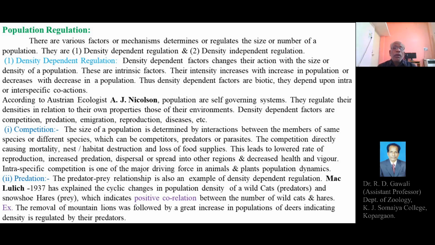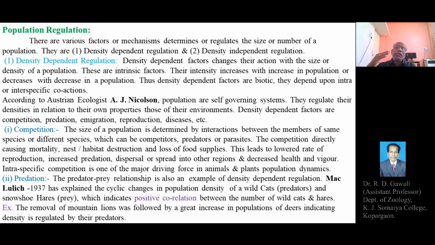McCulloch in 1937 explained the cyclic changes in the population density of wildcats like predators and snowshoe hares like prey, which indicates a positive correlation between the number of wildcats and the hares.